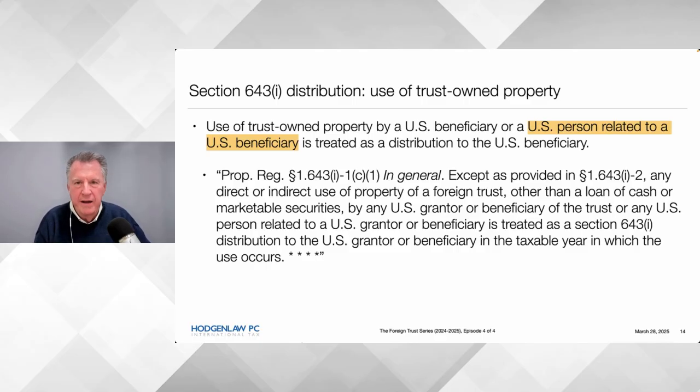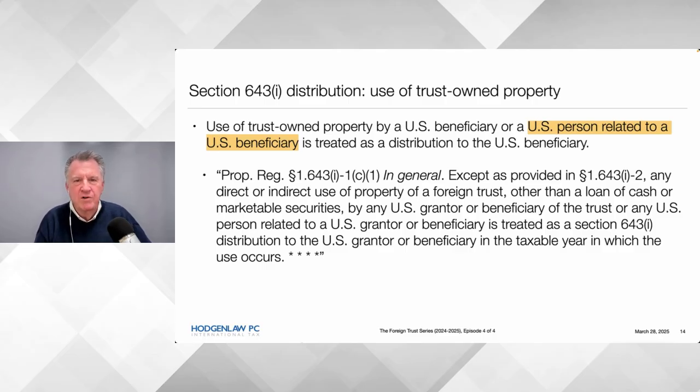People will buy the mythical condo in Vail, and the U.S. beneficiary kid will go there. A foreign trust will buy a property close to the university where the kid's going to school, and the kid will live in the property instead of living in the dorm while going to university, stuff like that.